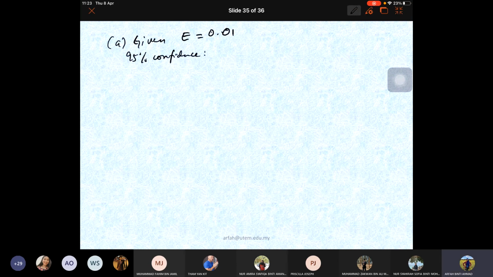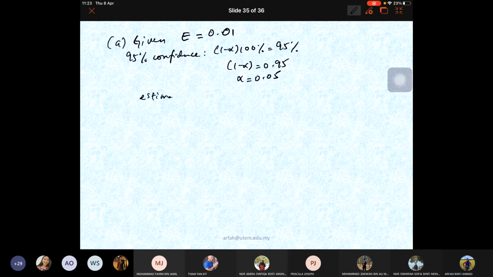That is 1 minus alpha 100% equal to 95%. 1 minus alpha sama dengan 0.95, alpha equal to 0.05. So from here, kita akan estimate P sama dengan 0.5 and Q equal to 0.5.